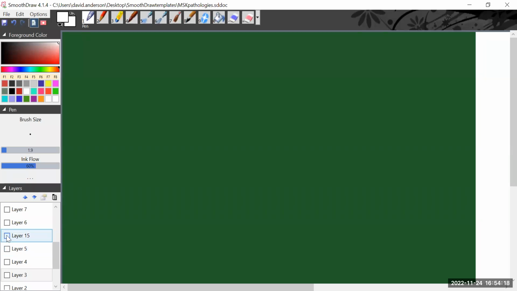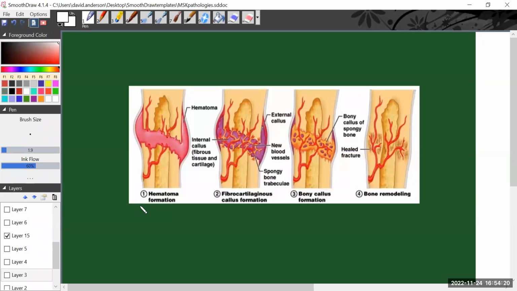Let's see now. Yeah, there we go. So this picture is going to show us some of the steps involved with repair. I want to pick a color that we can see in both. Maybe orange will do it. So when we look at bone healing, remember during any kind of repair process, we're going to see inflammation.